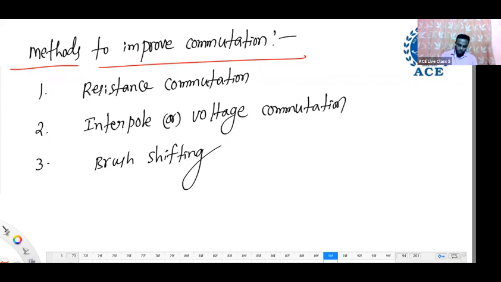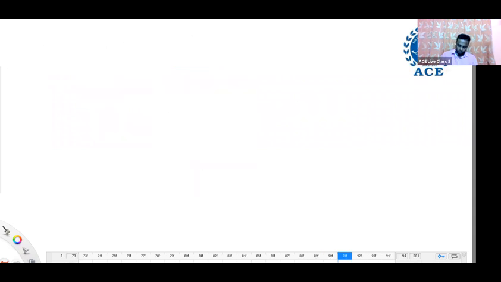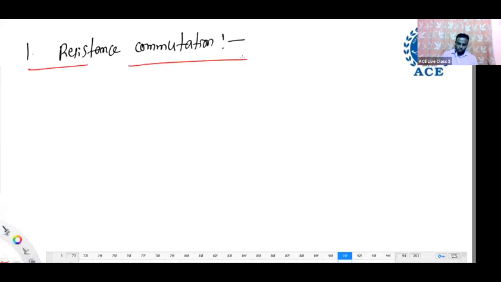First one, resistance commutation. Making the flux along the brush axis zero, spark is zero. Right. The first one, resistance commutation. So what is this? We already know this from the construction.